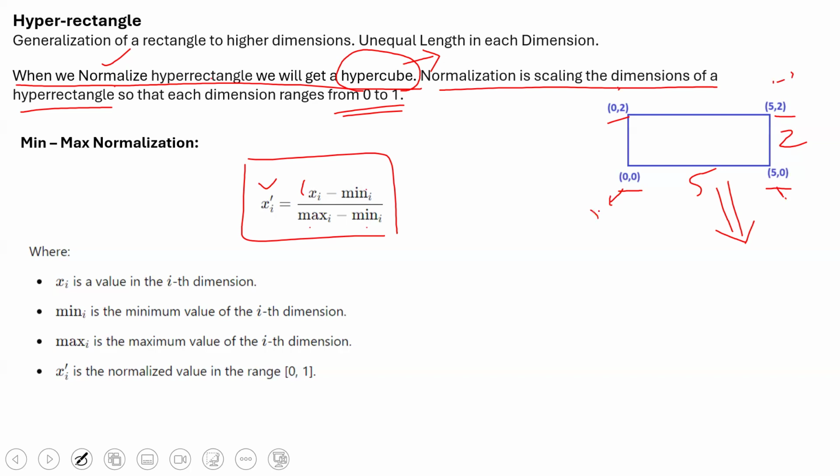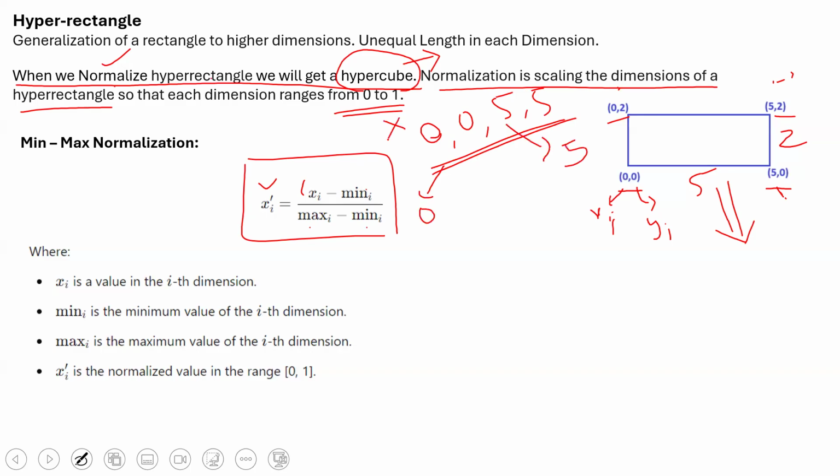So this is xi, and the other side is yi. If you take all the xi points, we have 0, 0, 5, and 5. What is the minimum value in this range? Minimum is 0, maximum is 5.